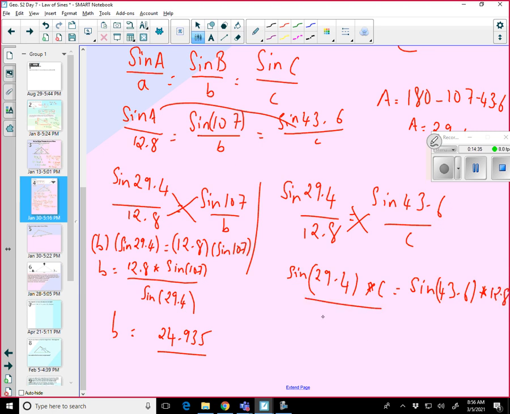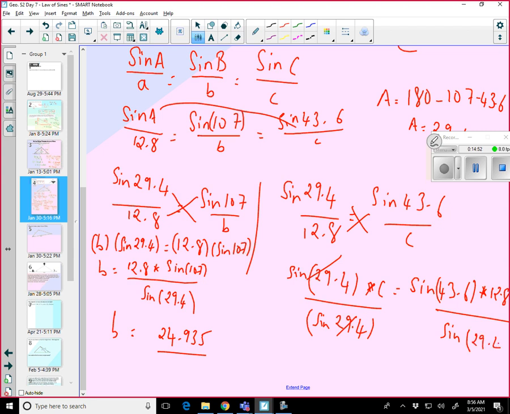Then divide by sine 29.4 on both sides. This will get crossed out, and here I'll have c equals sine 43.6 times 12.8 over sine 29.4.